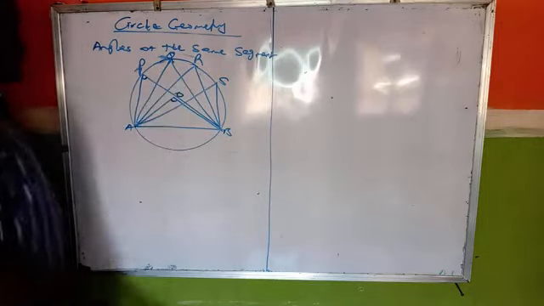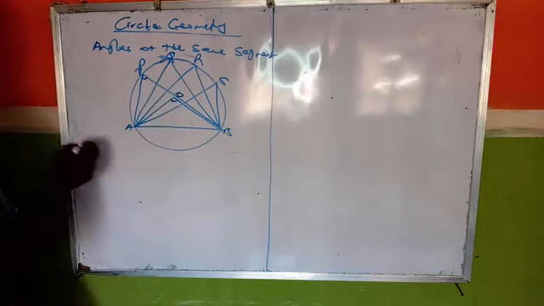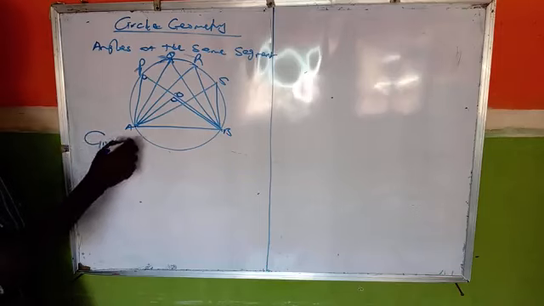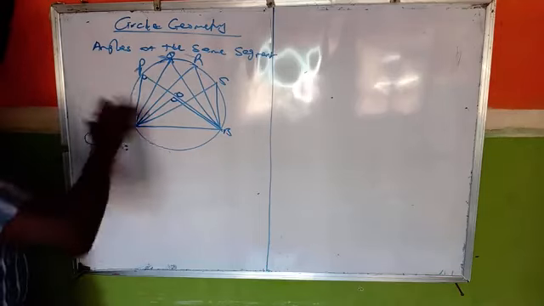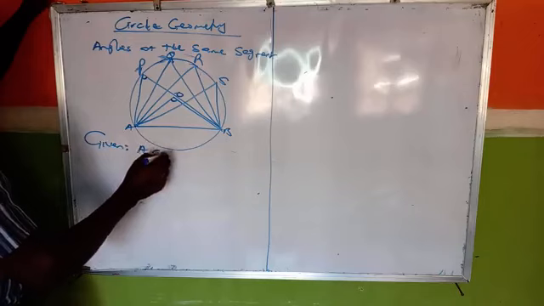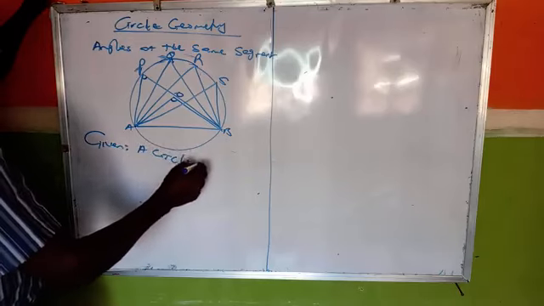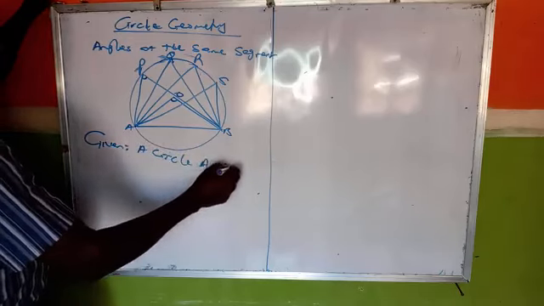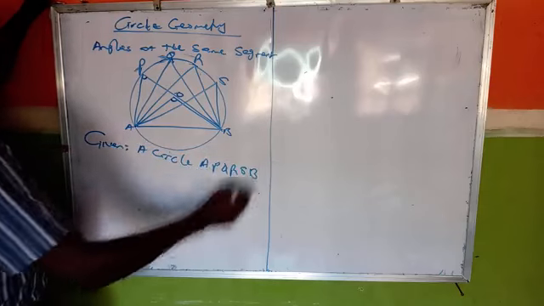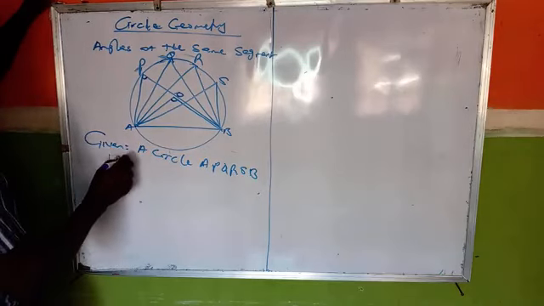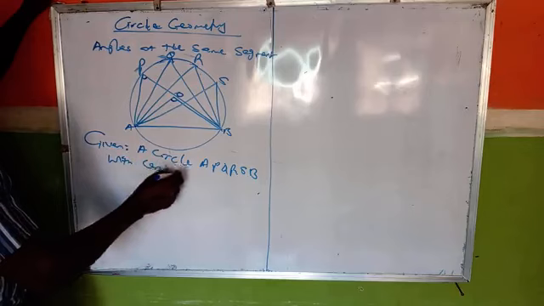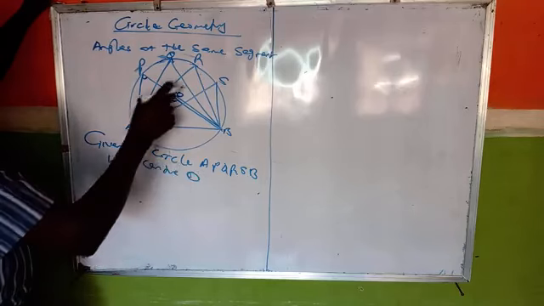Let's say that this is center O. So what you are given here is a circle A B P Q R S with center O. Here you have the center of the circle.